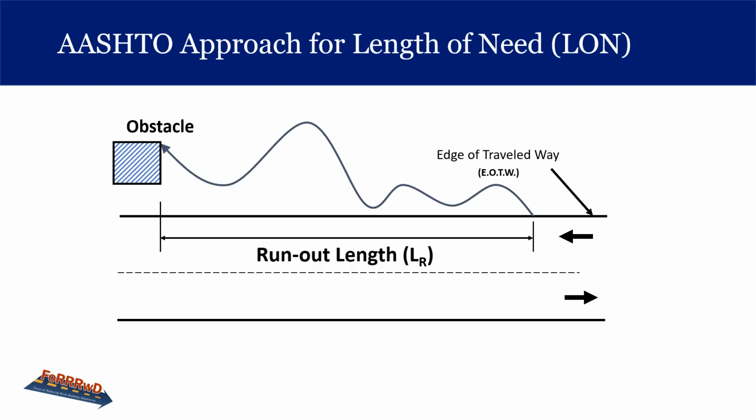So there is the AASHTO approach for determining your length of need. You can see this picture here showing the run out length and the edge of the traveled way. In order to hit a roadside feature, a driver has to run off the road at some distance ahead of the feature and at some angle.